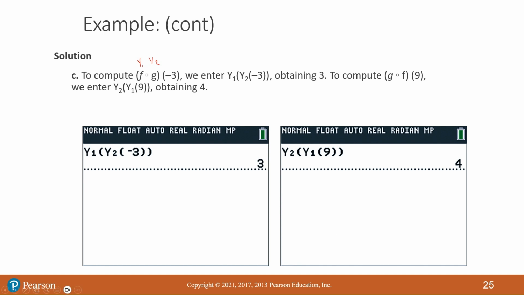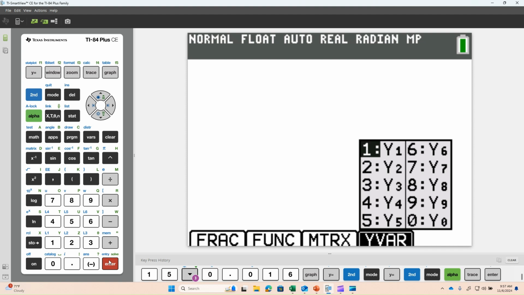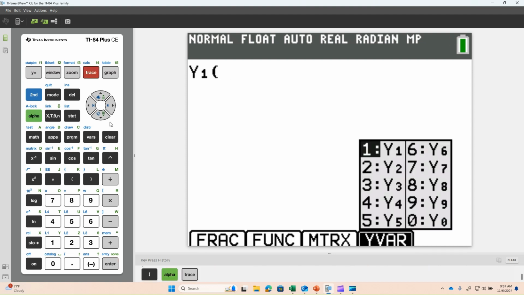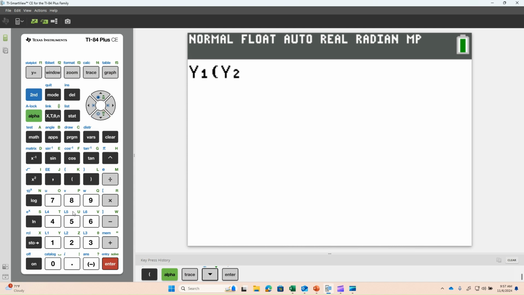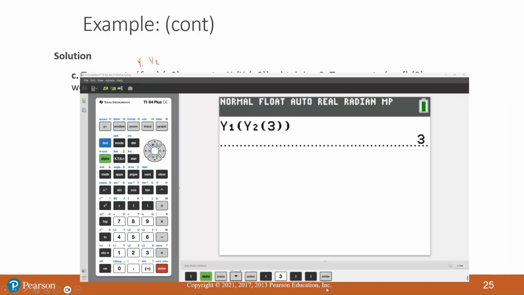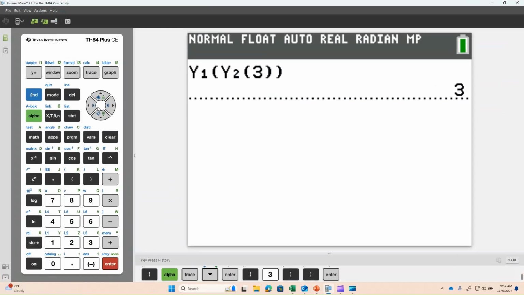So all I have to do is go in on my calculator here, type alpha f4 y1, put a parenthesis down, insert my y2, another parenthesis, and I'm trying to find it of -3. Made a typo.